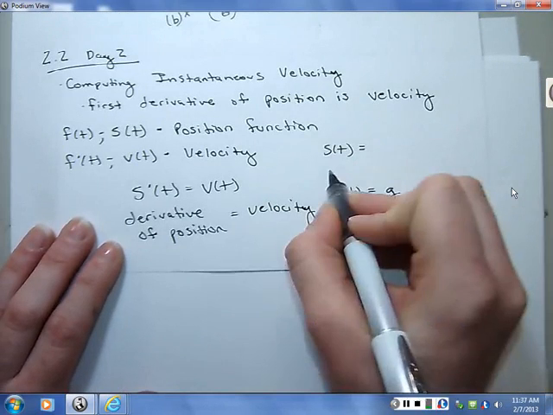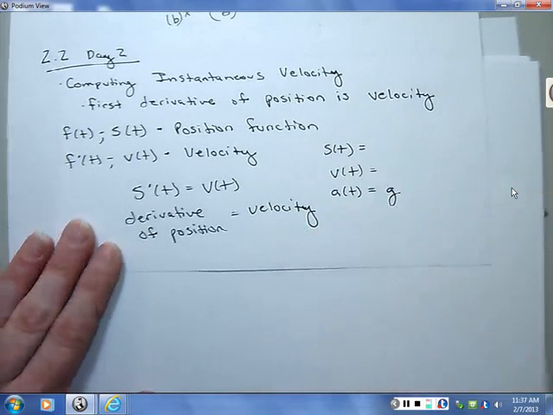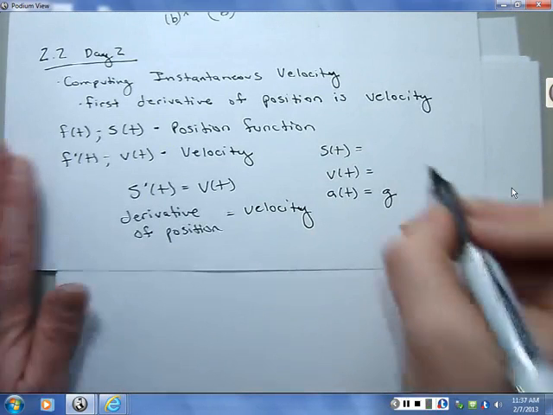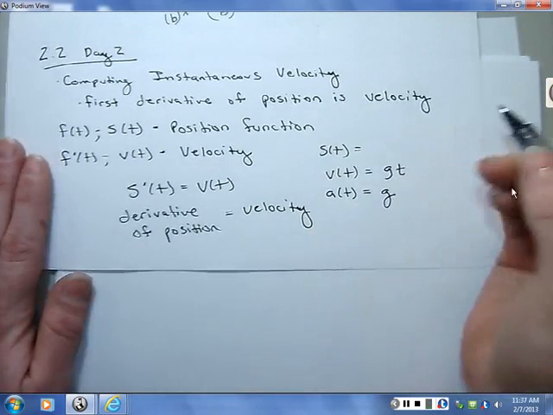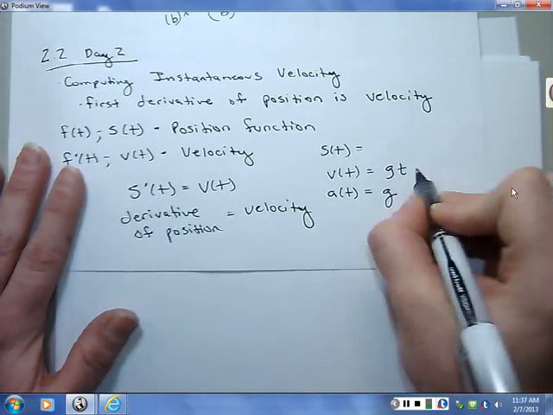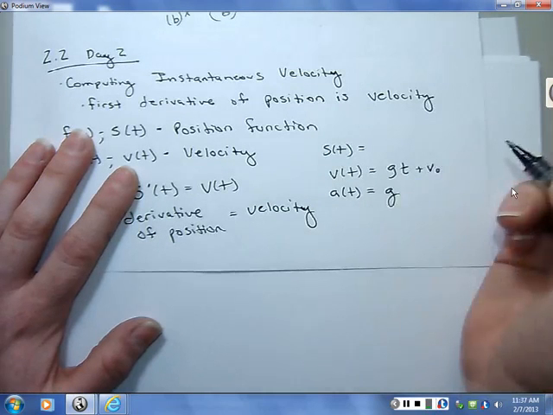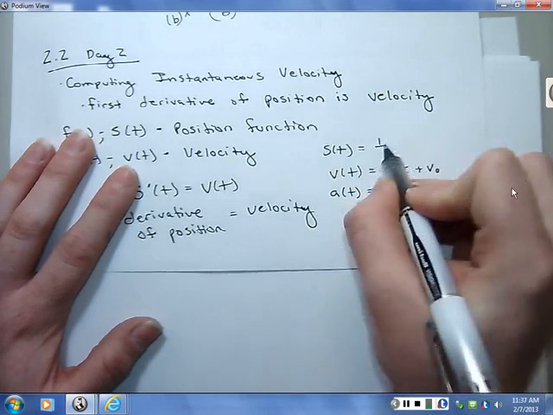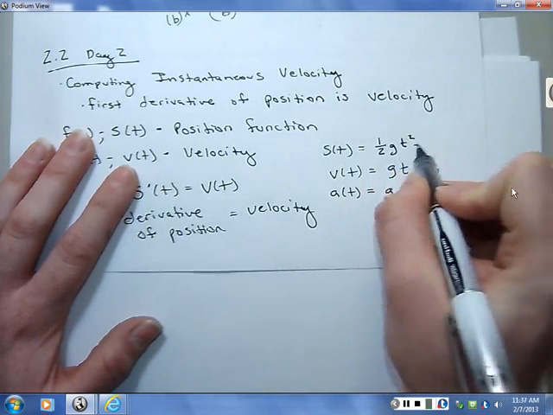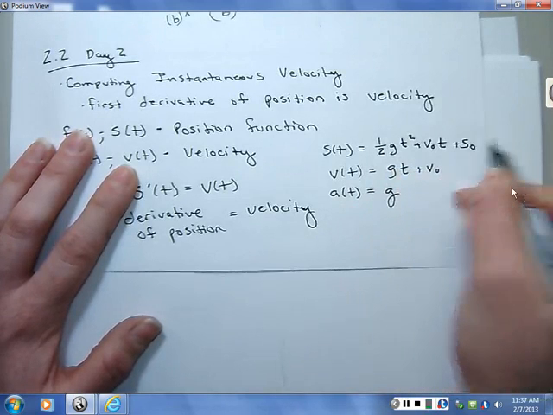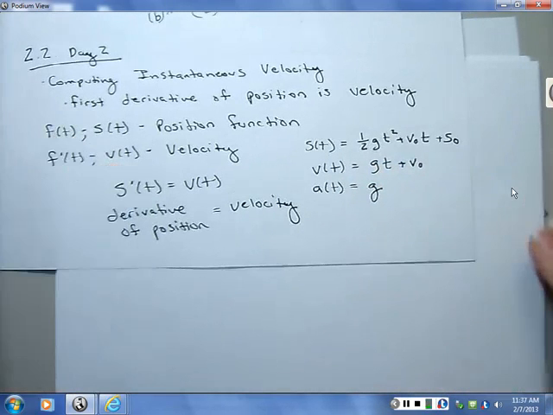The velocity function, if I want to know how fast it's going, it's just going to be g times t, maybe plus initial velocity, depending on if I give it some initial velocity. Then it turns out the position is 1/2 g times t squared plus the initial velocity times t plus the initial position. Do you guys know these equations from physics?